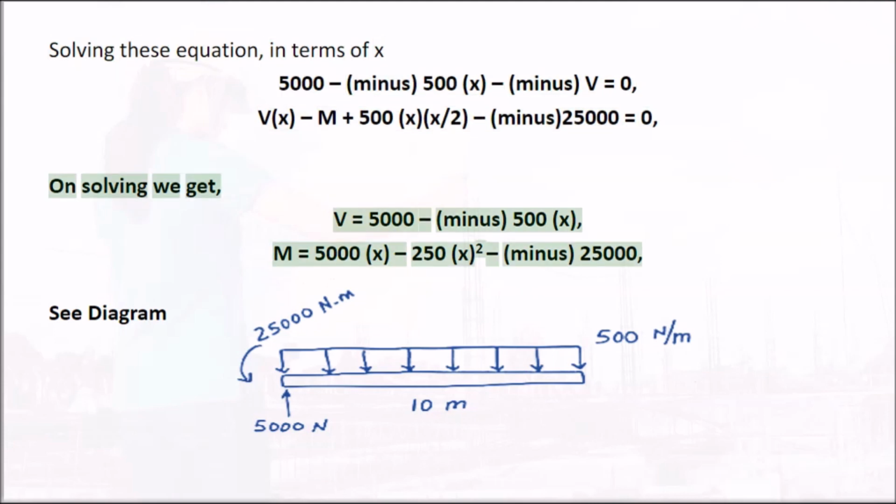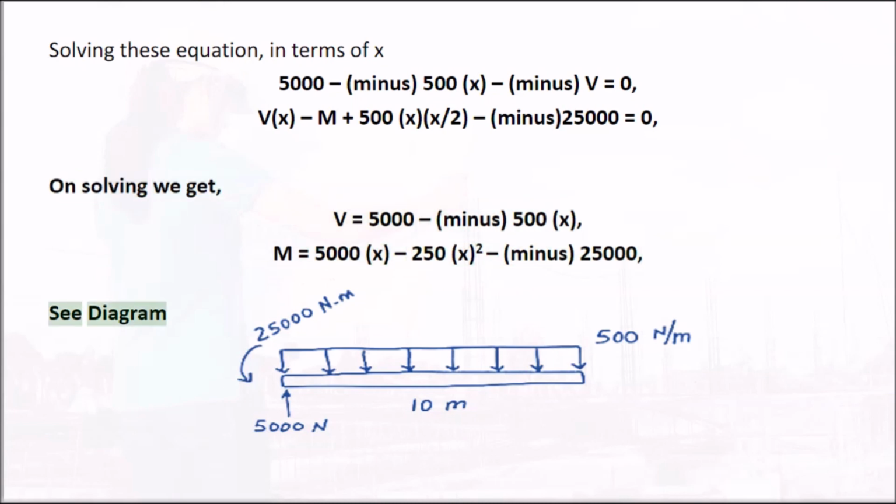On solving we get V equals 5000 minus 500x, M equals 5000x minus 250x² minus 25,000.